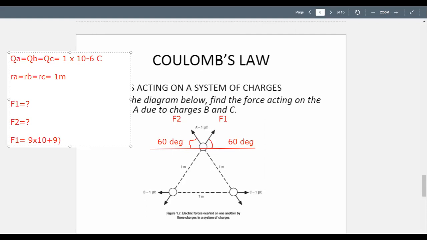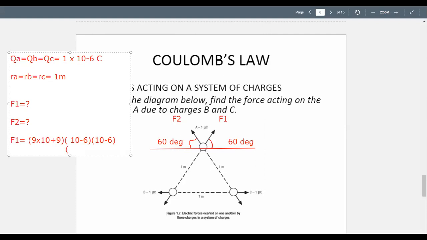Then we multiply it with our values: 1 times 10 to the minus 6, or just 10 to the negative 6 coulomb, and another 10 to the negative 6 coulomb. And we divide it by our distance, 1 meter.